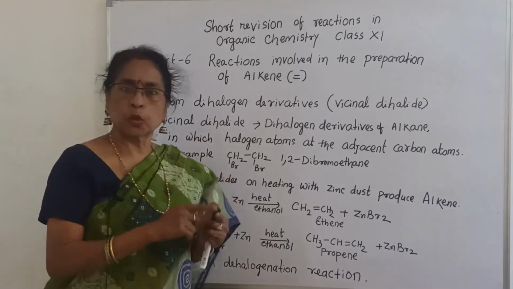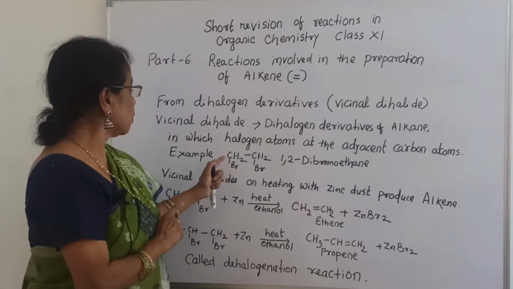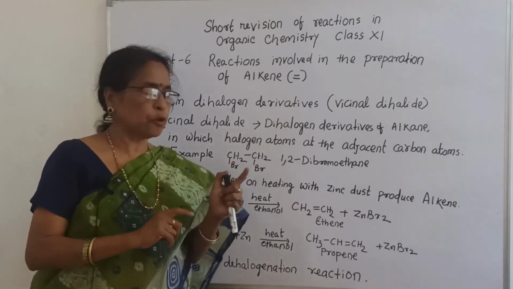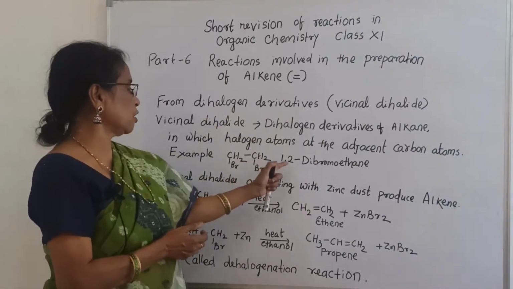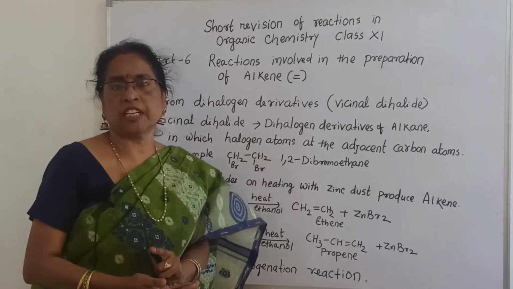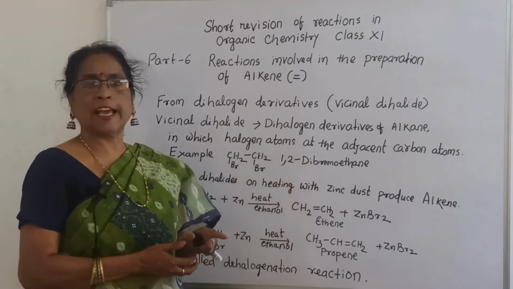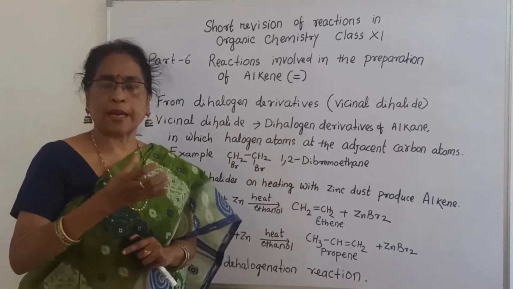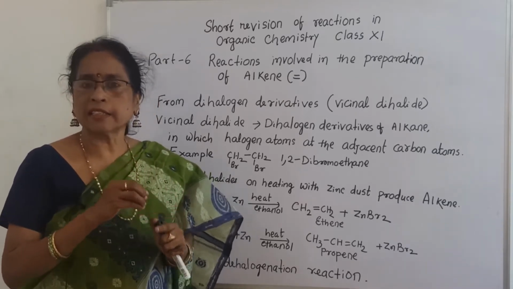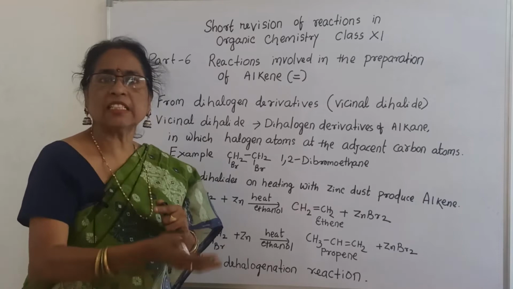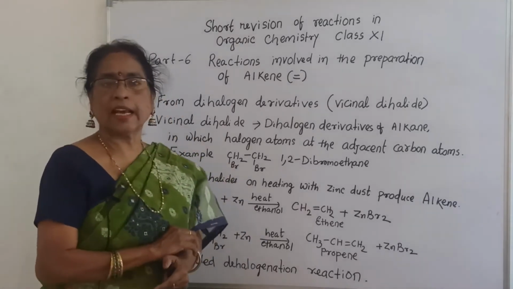Similarly, at position 2 there is a bromine instead of one hydrogen. So the formula is CH2Br, CH2Br. Then what is the name? 1 position bromine, 2 position bromine: 1,2-dibromoethane. That means ethane is the parent where two hydrogens at adjacent carbon atoms are replaced by halogen atoms. This is called vicinal dihalide.